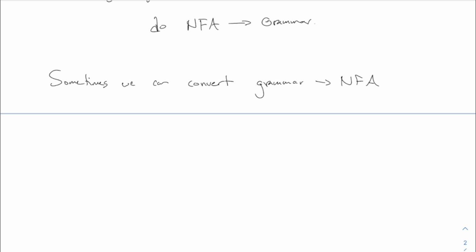If it just so happens that the grammar looks like something that you could have gotten from an NFA, for instance this, all right, this grammar actually looks like one that you got from an NFA because every arrow looks like some non-terminal goes to a little letter followed by a big letter.